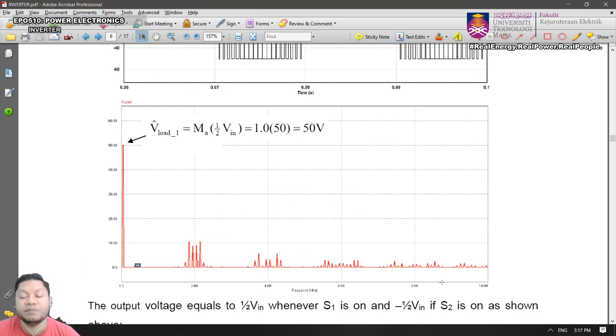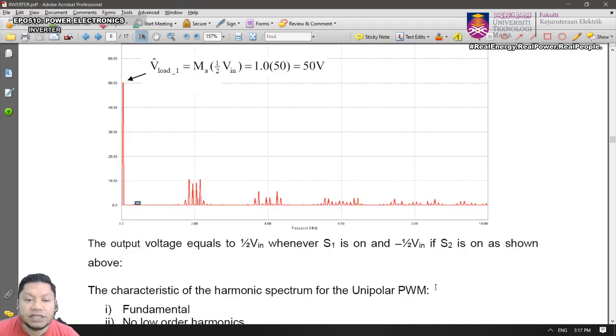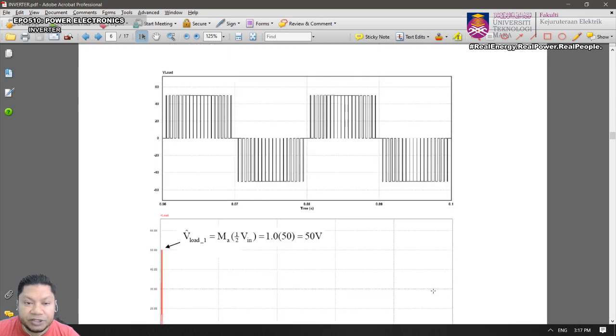I can show you in PSIM later on. Okay, so this is half bridge with a PWM. You can think of the same principle for the full bridge, isn't it? For the full bridge, the only difference is that the output will be equal to E and minus E. In this case, you're going to have 100 volts here.